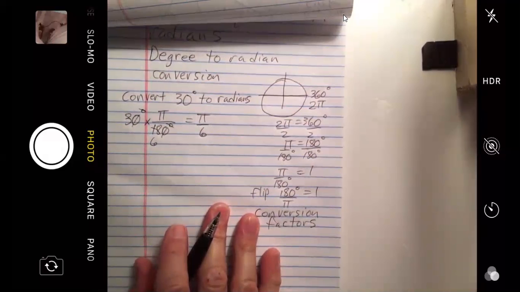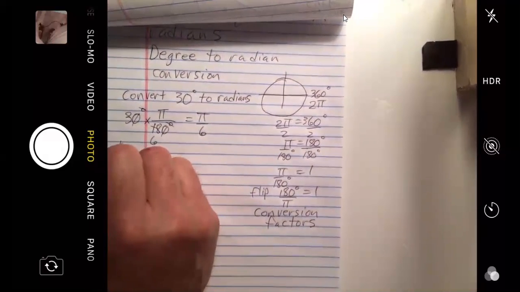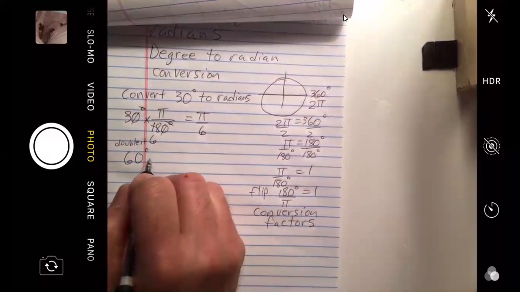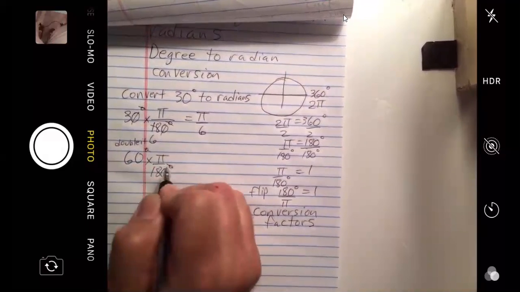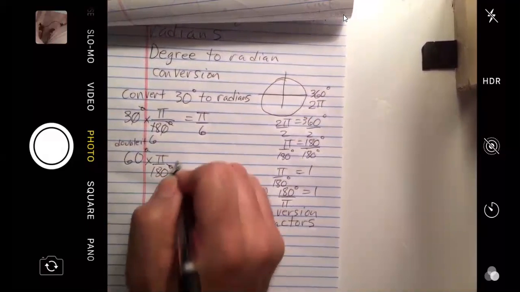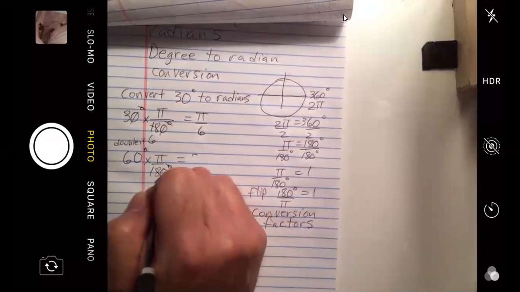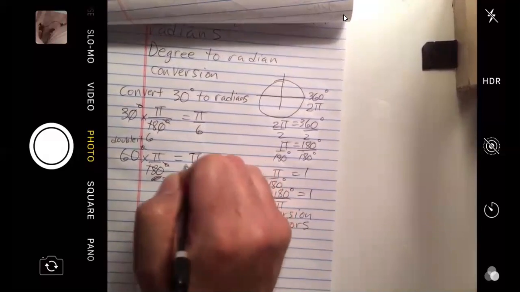Now, you might guess 60 degrees would double. But just to work that out, 60 degrees times pi over 180 degrees. 60 into 180 would be 3, leaving pi over 3.